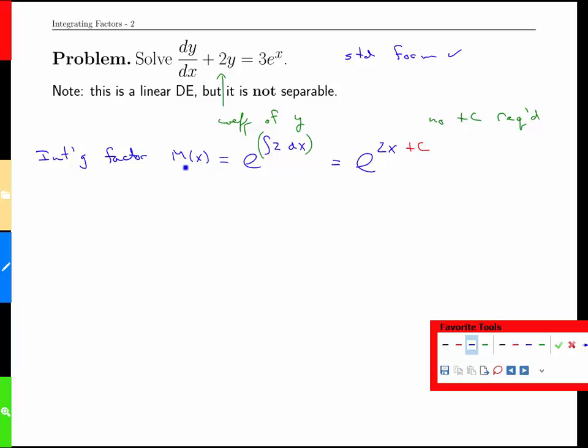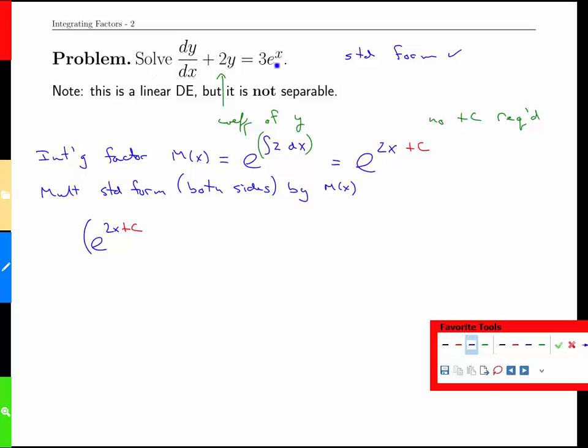So we have our integrating factor. Then what we do is multiply through the standard form both sides. Obviously, we can't just do things to one side, by that integrating factor. So I'm going to include this plus c, and we'll see what happens with it, along with the e to the 2x. So we'll have e to the 2x plus c. Let's actually put the plus c in red to make it obvious what's going on.